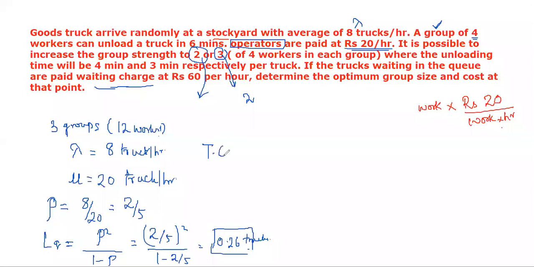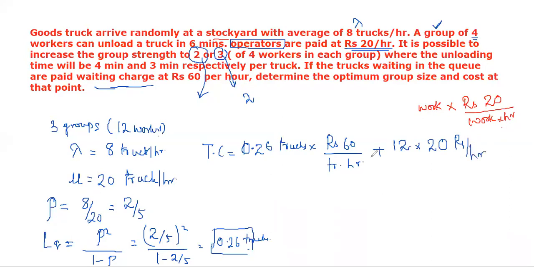Now we need to calculate the total cost, which will be given by the length of the queue, in this case 0.26 trucks, multiplied by the waiting cost, which is rupees 60 per truck per hour, plus the salary of the workers. 12 workers are working now, so the number of workers will increase, and this will be in rupees per hour.